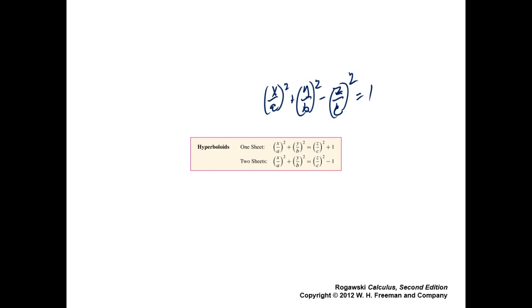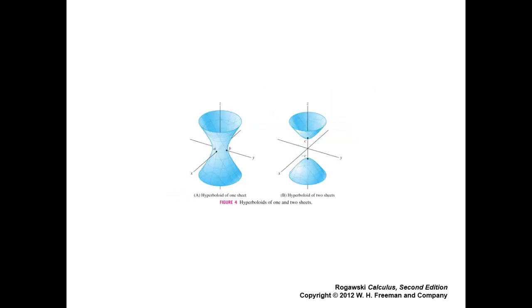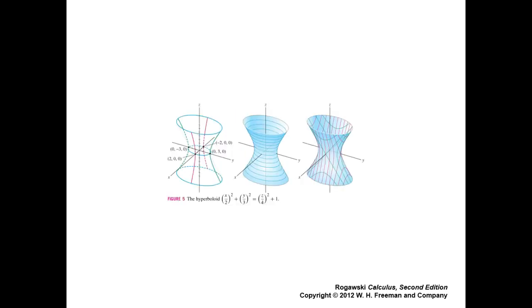If it is exactly 1, then you have 0, 0, plus or minus c. Go back to our picture here, and you have 0 on x, 0 on y, plus c, minus c. So that is why you can't have anything between minus c and plus c. Otherwise you would have a negative number equal to a positive number. Can't happen. But outside of that, it looks just like before.